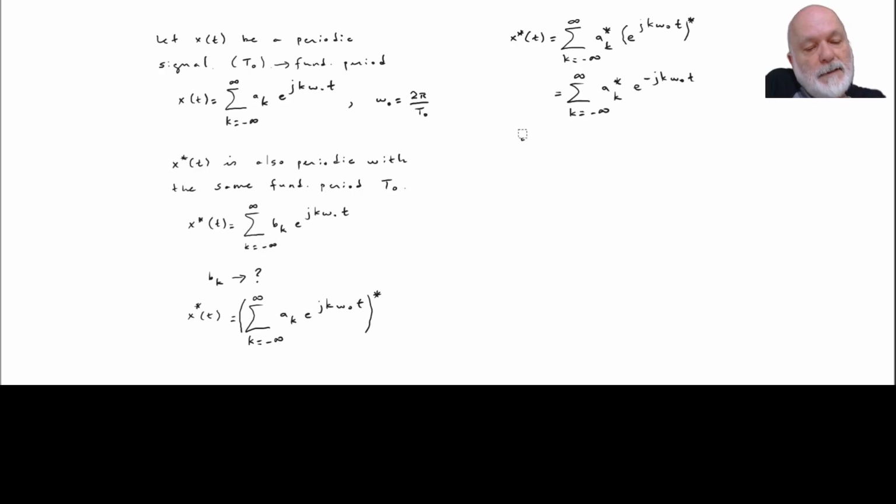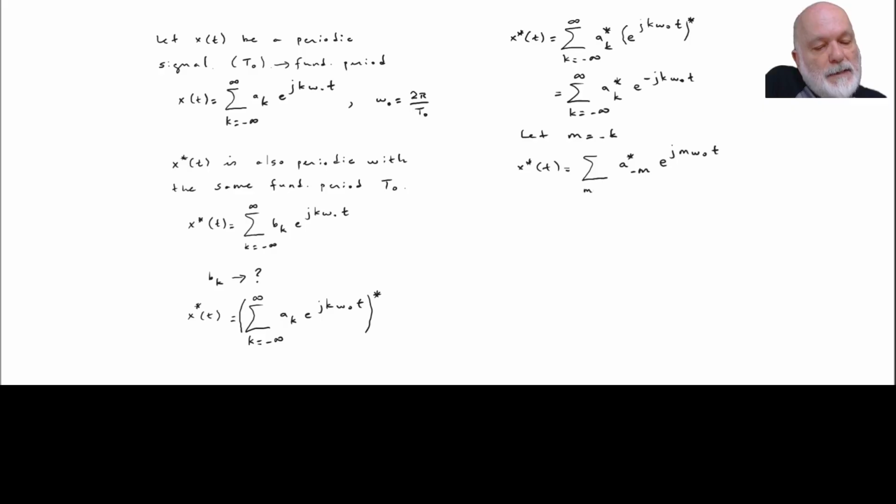Let m be minus k. So the complex conjugate of x of t will be expressed as the sum of a minus m complex conjugate e to j m omega 0 t.